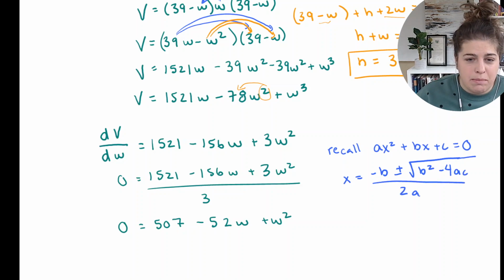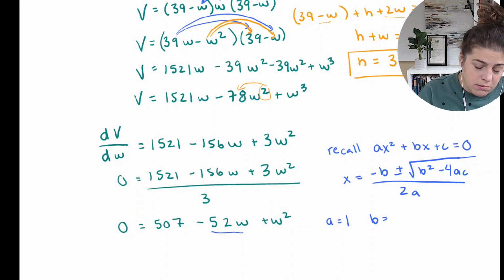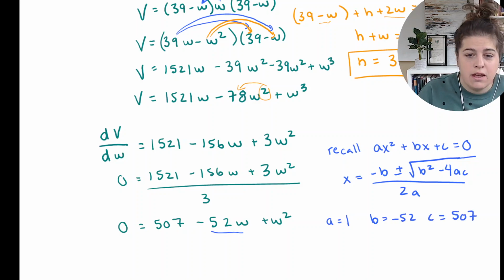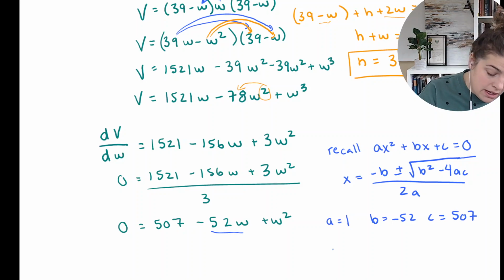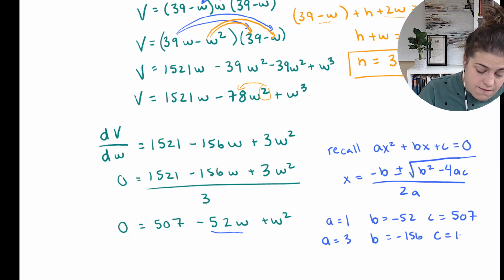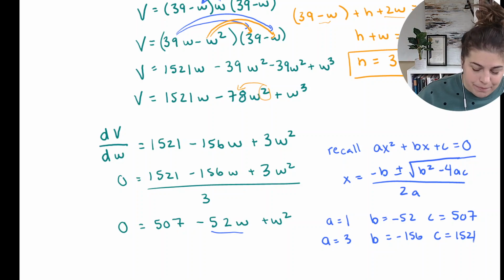And we're just recognizing based off of our formula that a is the coefficient of the squared term. So in this situation, 1. b is in front of just the linear term. So in this case, negative 52. And c is that 507. Again, it wouldn't matter if you used these or if you used the 3, the negative 156, and the 1521. You're going to get the same answer there, okay?